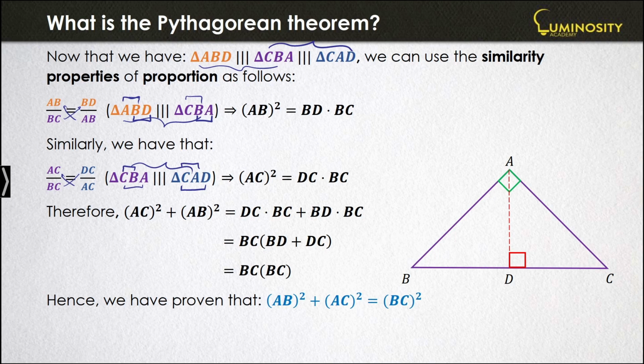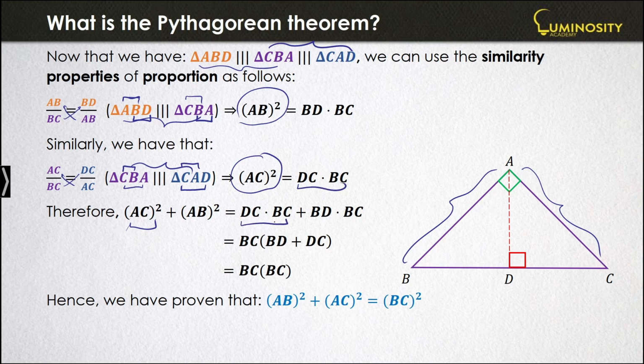Okay, so now I'm going to add AB squared plus AC squared. Okay, so AB squared is this side length here, and AC squared is that side length there. Okay, but then that's going to equal AC squared is DC times BC, and then AB all squared is equal to BD times BC.